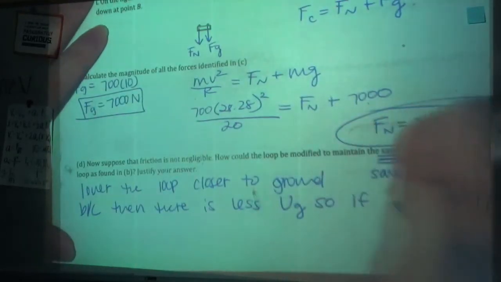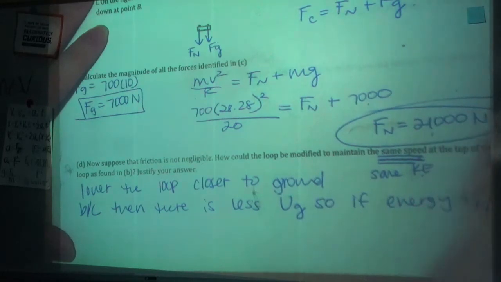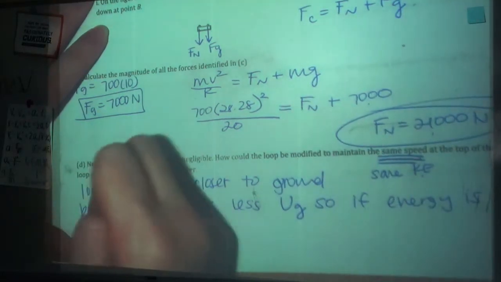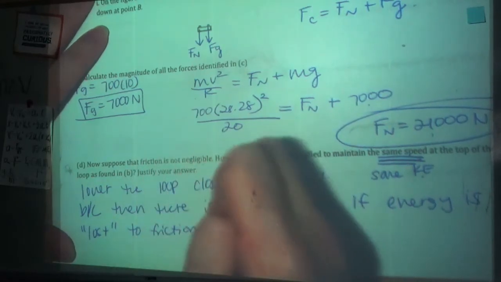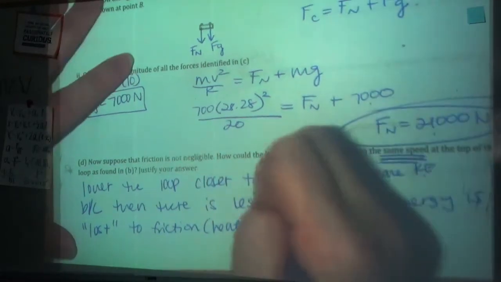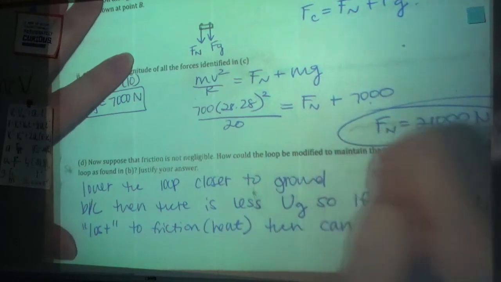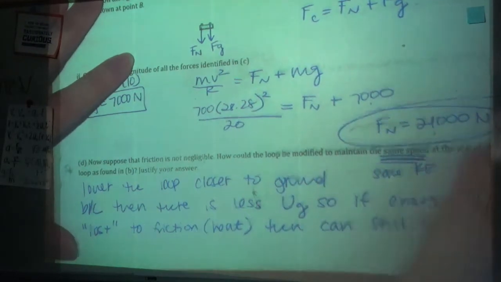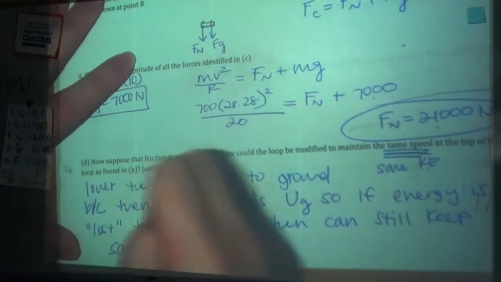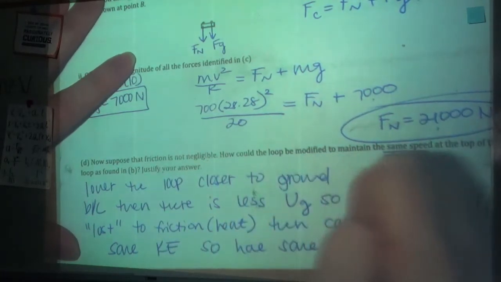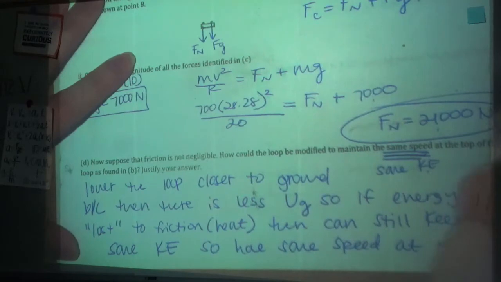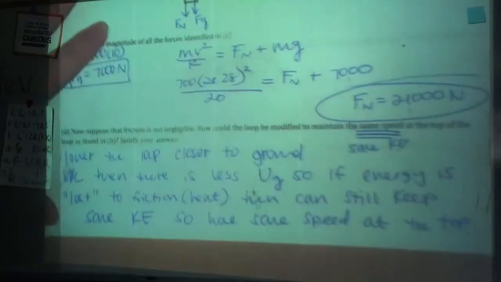So if energy is lost to friction, meaning it's lost to heat energy, we can still keep the same kinetic energy, so have the same speed at the top, which is what it asks us to.